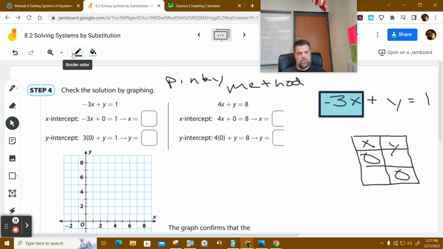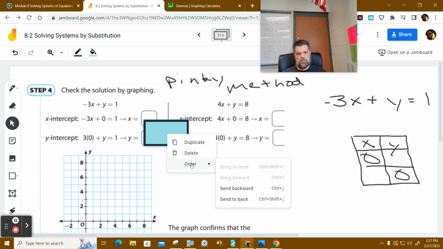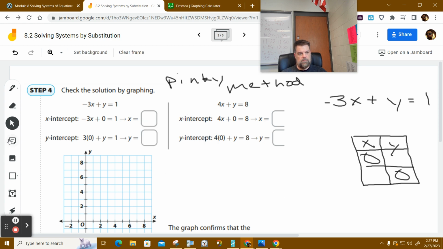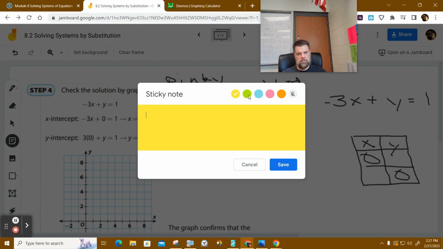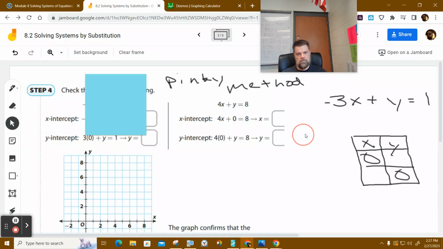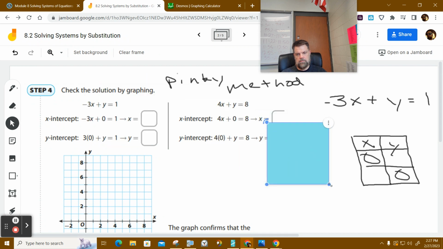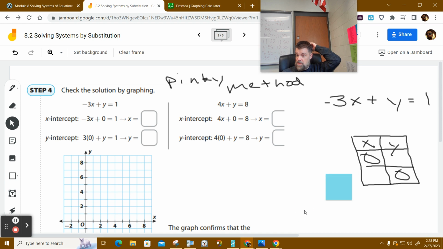Well, heck. All right, so let's just do it anyways and see how this works. You're going to be able to see, but you're not.